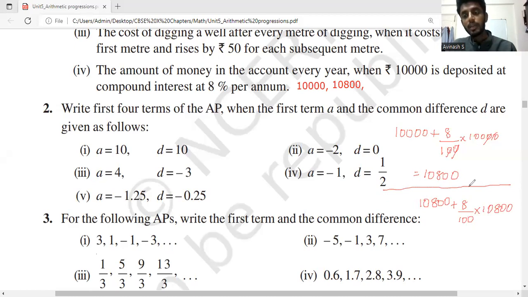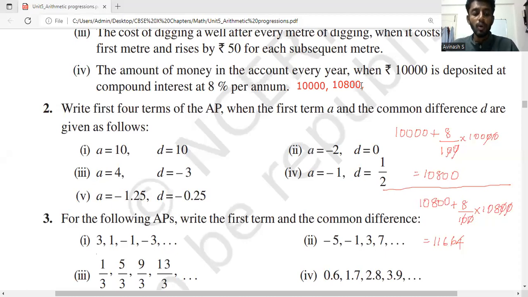Now 10,800 plus 8% of 10,800. Sorry, this has to get multiplied and then you get an answer. So we get a value 11,664, and that will be the third term of the AP.